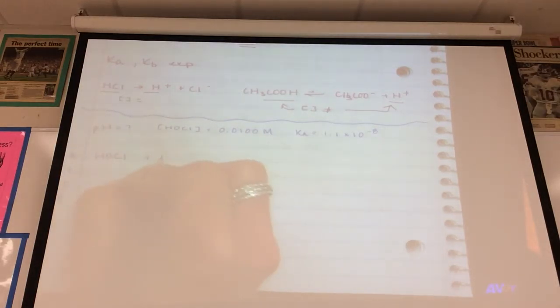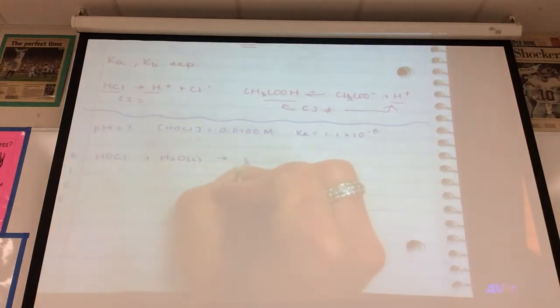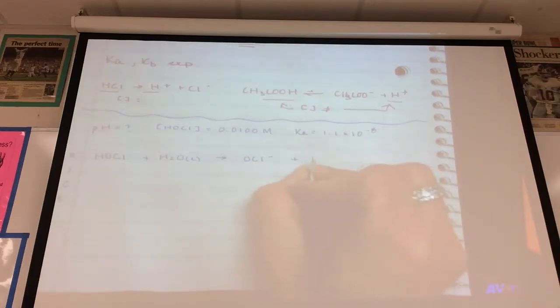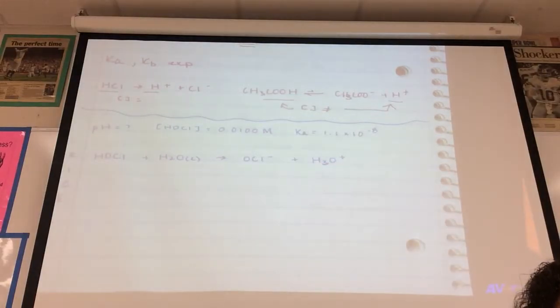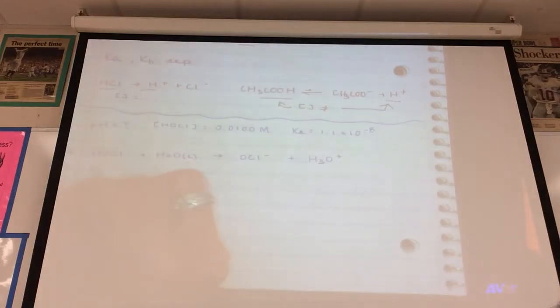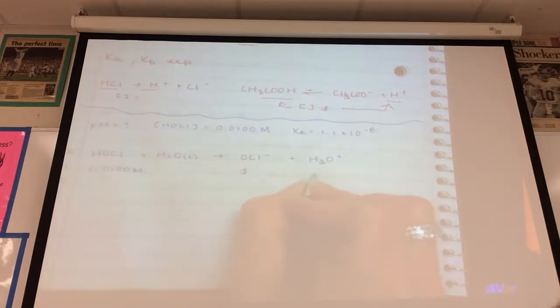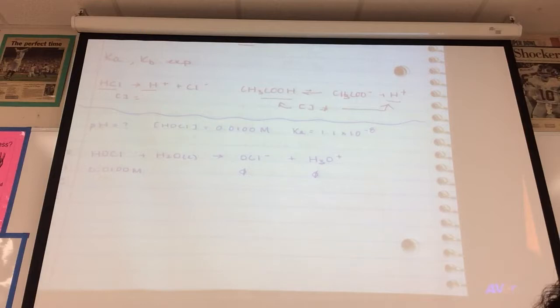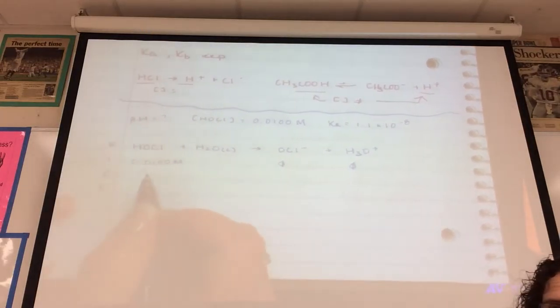I'm going to react it with water in the liquid state. I'm going to generate conjugate base, and remember, acids will generate hydronium ion when the acid donates its proton to the base. Initial concentration here, nothing, nothing. What should we do next? Subtract.